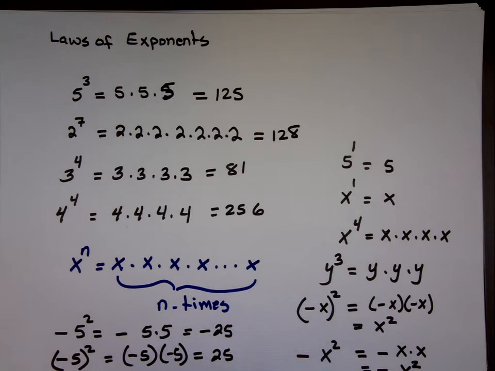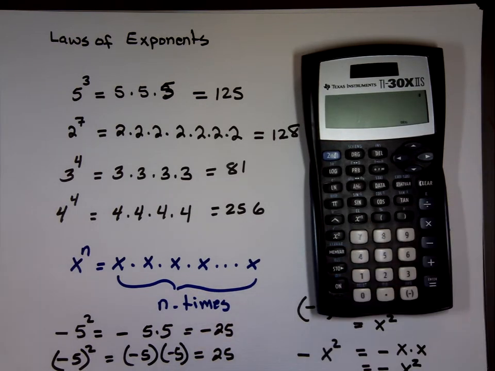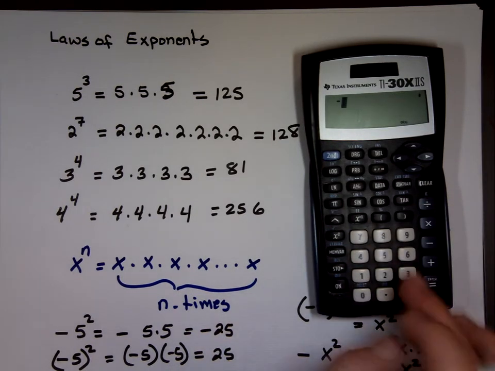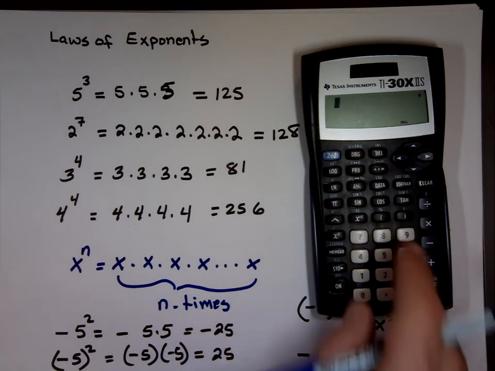Let's see if my calculator is smart enough to know that. Can you see it? Yep. Negative 5, notice there's no parentheses here, squared. According to my calculation, it should be negative 25. And we got negative 25. Clear that. Let's put it in parentheses now.